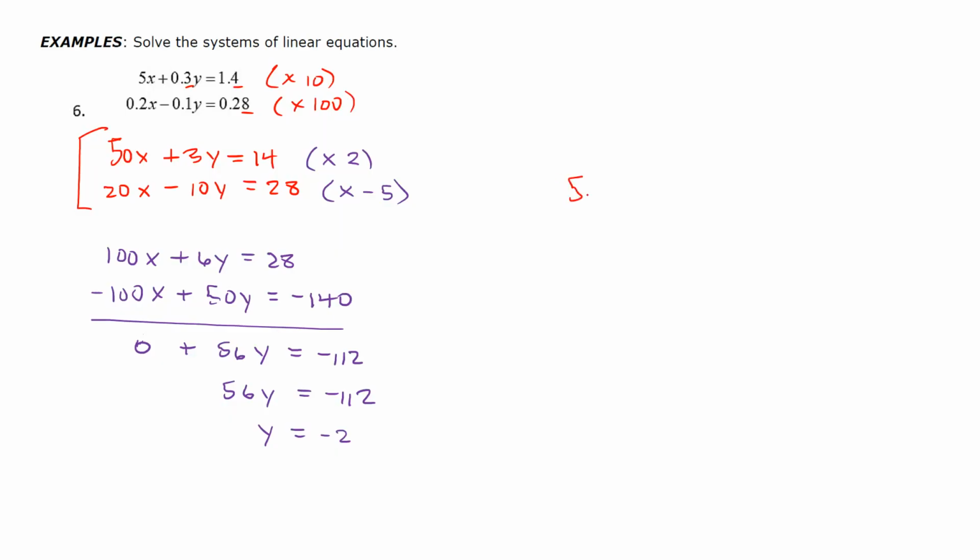So I'm going to do the first one, which is 5x plus 0.3y equals 1.4. So I'll have 5x plus 0.3 times negative 2, which equals 1.4.